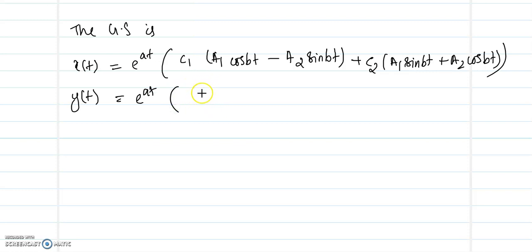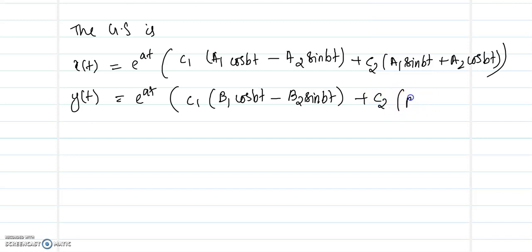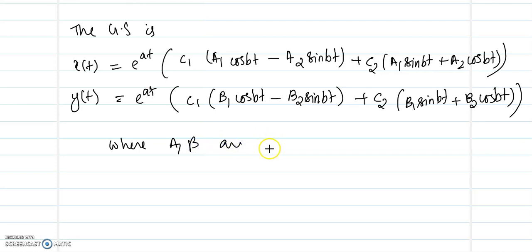And y(t) will be e raised to at into c1 (b1 cos bt minus b2 sin bt) plus c2 (b1 sin bt plus b2 cos bt). So this will be the form of the general solution, where a and b are definite constants, and c1, c2 are arbitrary.